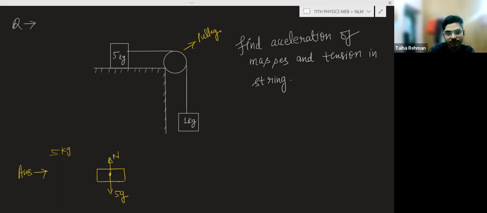And another force will be this tension force. I have told you tension will act away from the body. So another will be the tension force in this direction. And this whole system, this mass will move in this direction with an acceleration a. And this mass will also move in downward direction with acceleration a. Why? Because I have told you why.